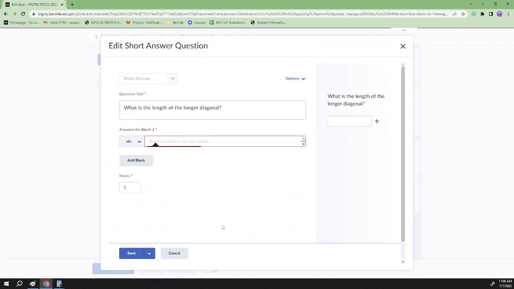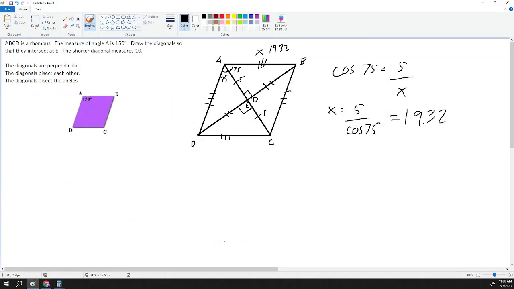What is the length of the longer diagonal? Ano yung sagot niya dito? Anyone? 25.8.